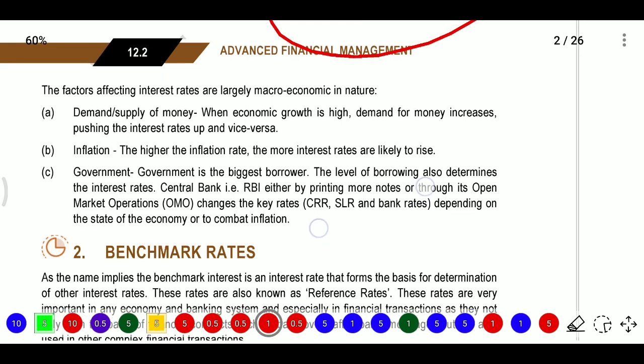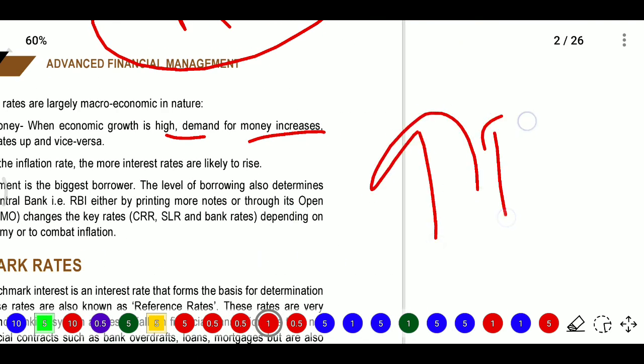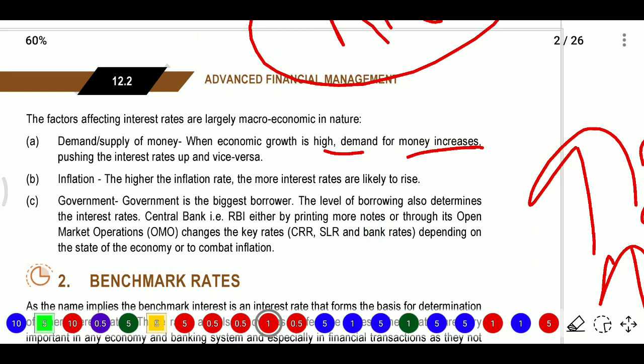The factors that affect interest rates are largely macroeconomic in nature. One reason for increasing interest rates must be demand and supply of money. Because of demand and supply of money, interest rates may go up or down. When economic growth is high, demand for money is increasing, so interest rates will increase. If companies are taking more loans from banks, then banks may increase the interest rates.